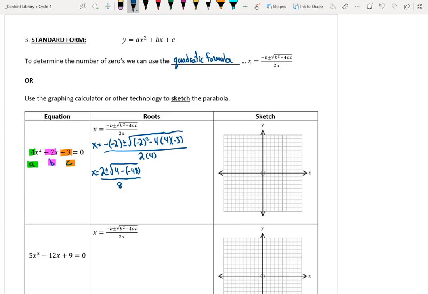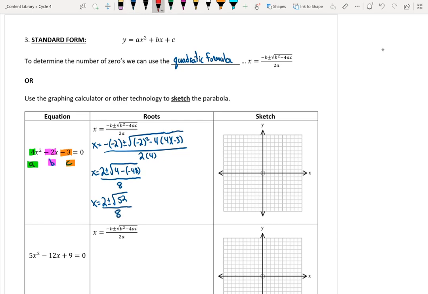And then I can simplify it even further. This one's slightly different. So 52 divided by 8.